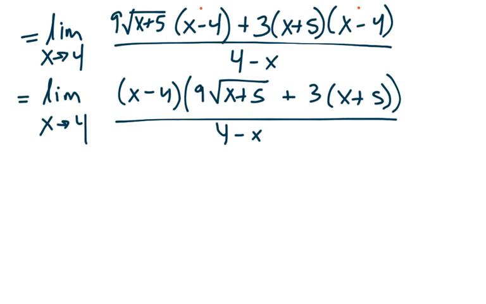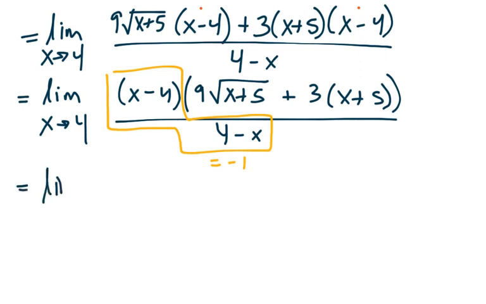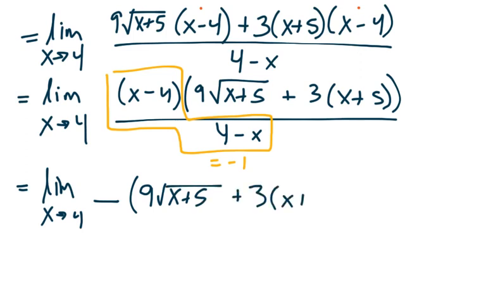Now notice that we've got x minus 4 over 4 minus x. That equals negative 1. So we can simplify this whole mess into the limit as x goes to 4 of minus the quantity 9 times the square root of x plus 5 plus 3 times x plus 5.